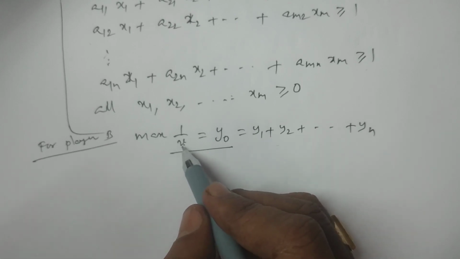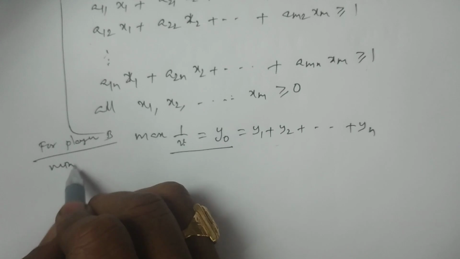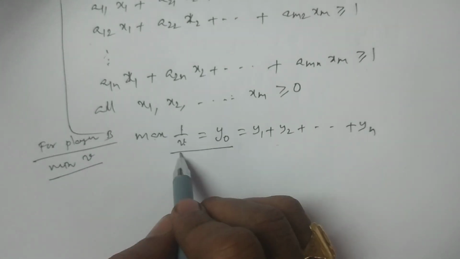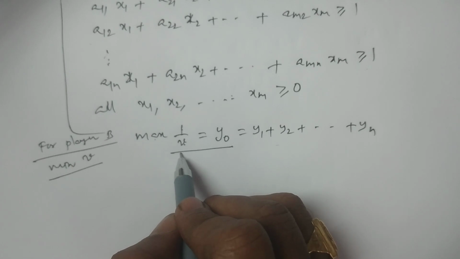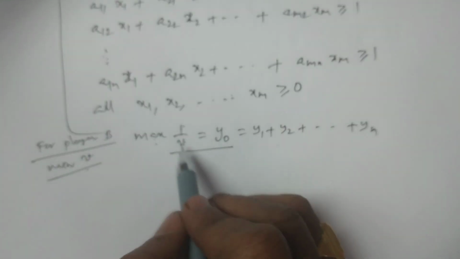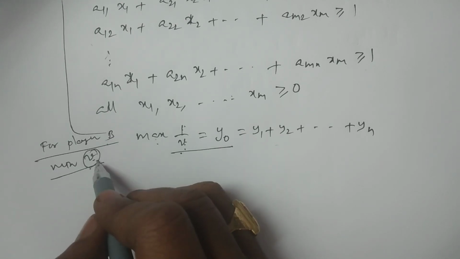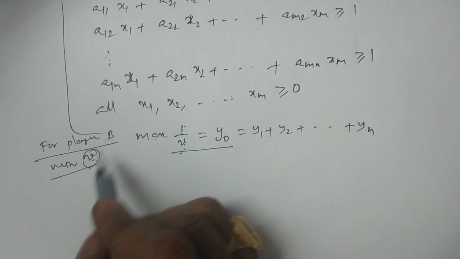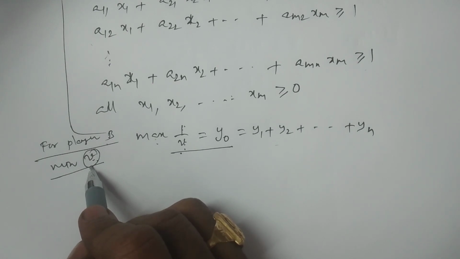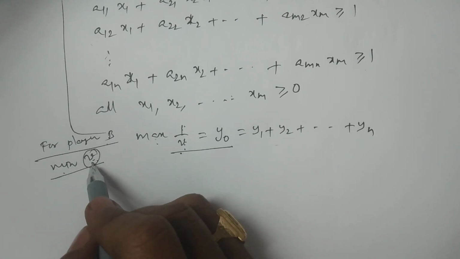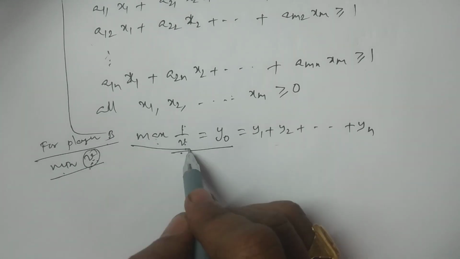So minimizing mu for player B is required, that is maximizing 1 by mu. Clear? Minimizing mu is nothing but maximizing 1 by mu. Mu is a loss for player B and a gain for player A. So as player B is supposed to minimize the value of the game mu, that is the loss, hence maximizing 1 by mu.